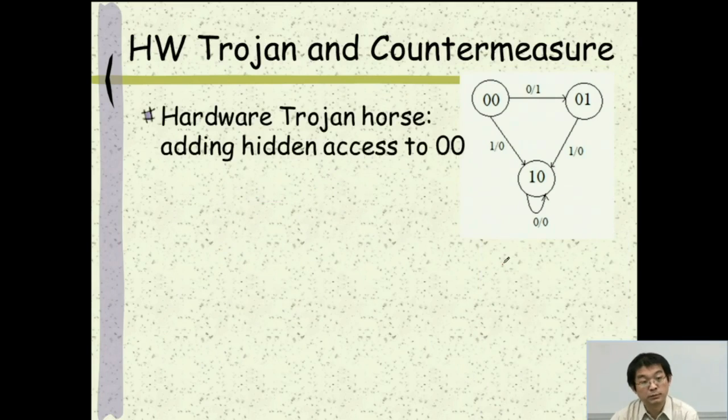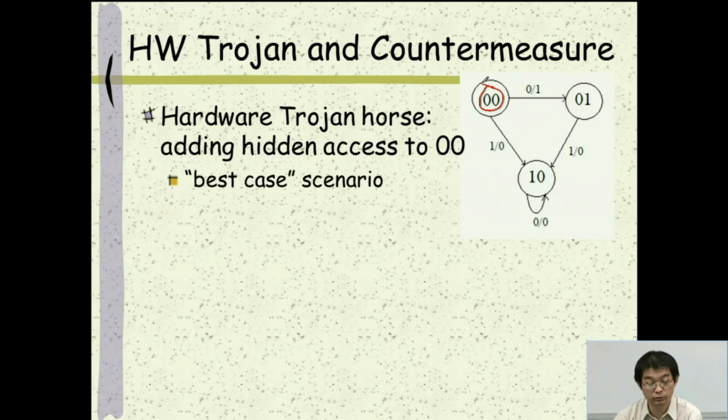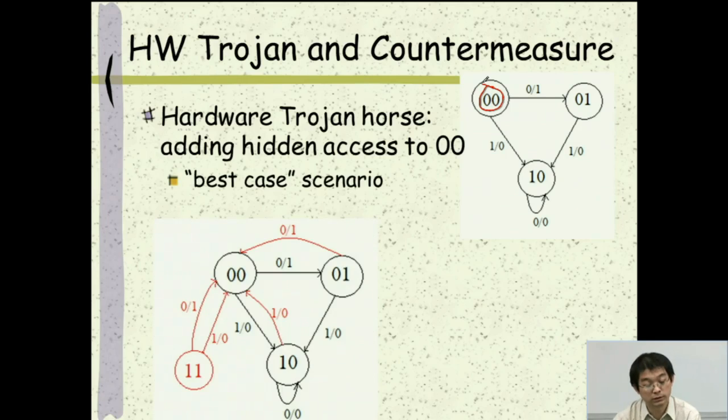Now we use the same example to show how malicious designers can introduce a hardware Trojan into the system. For example, in this case, again, we want to limit the access to state 0, 0. And then malicious designers may say, okay, I want to have backdoor access to it. And how do I do that? What the attacker can do is simply specify all these unspecified conditions and direct them into the state 0, 0, which is the one he wants to get access to.